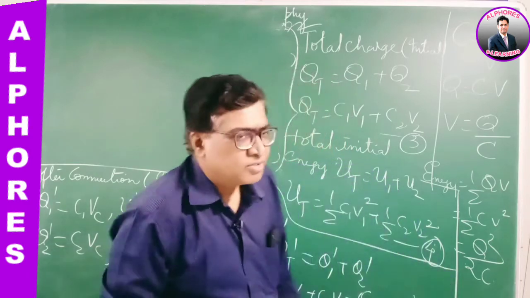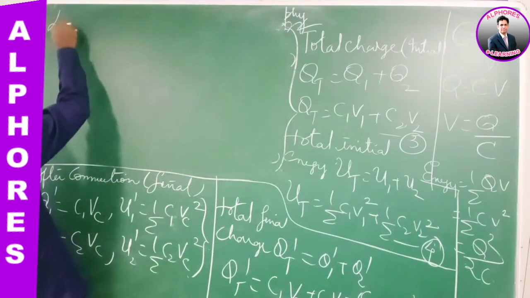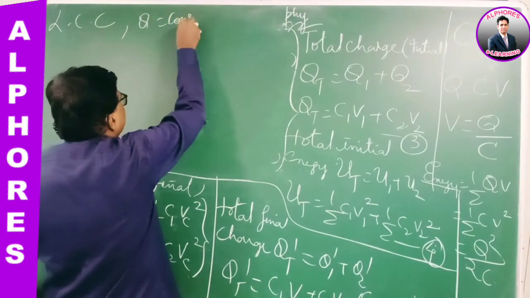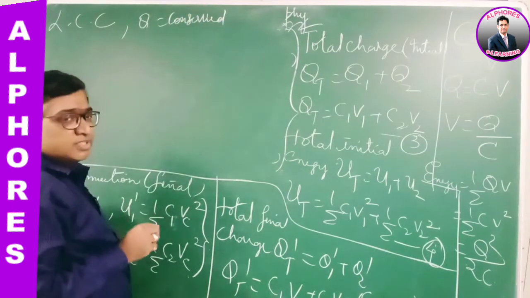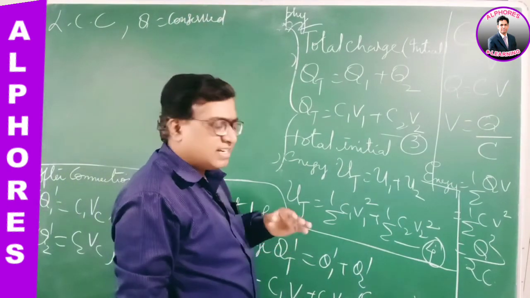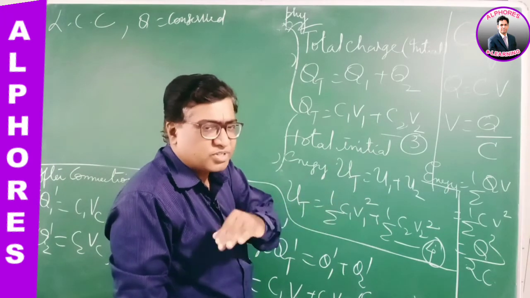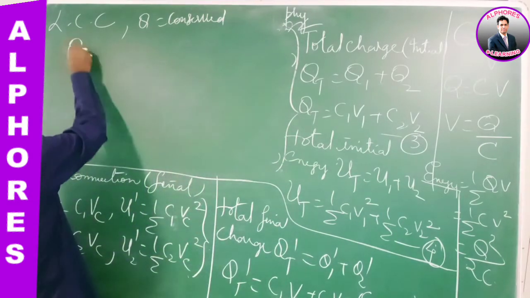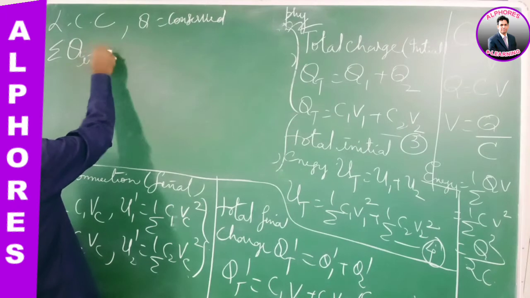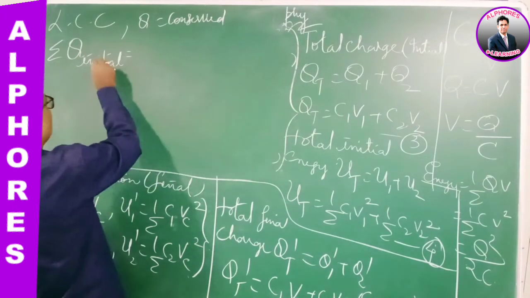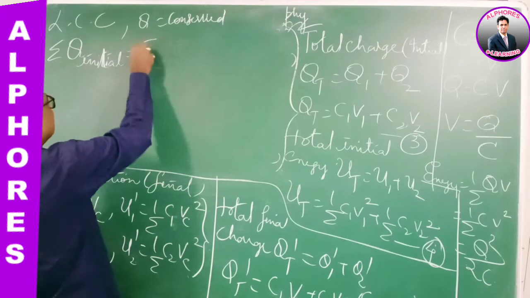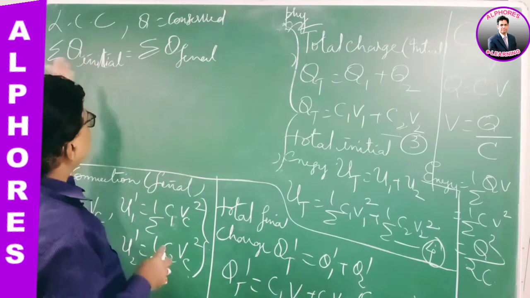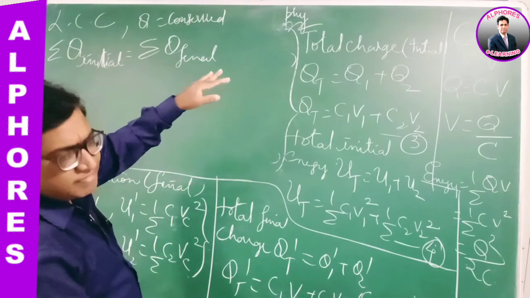So according to the law of conservation of charge, the charge always remains constant unless it is transported, added or removed. So the total initial charge in both the capacitors is the total final charge in them.